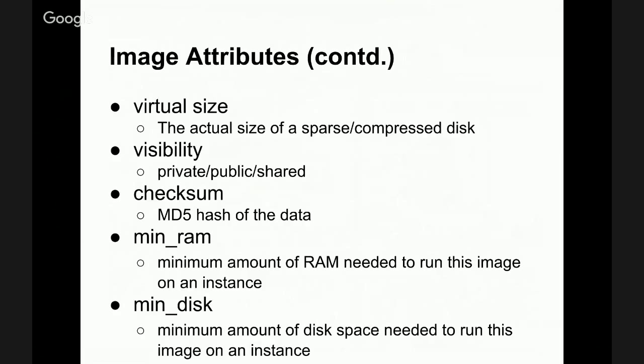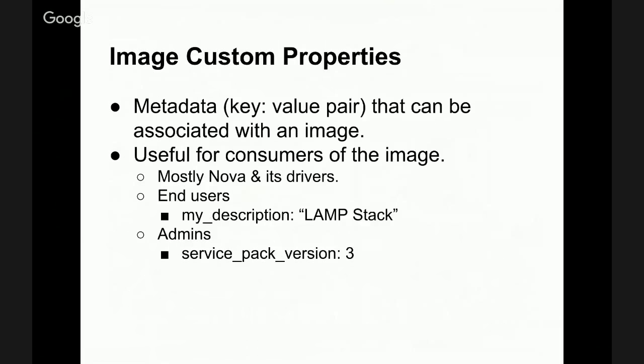And then you have some of the privacy features of an image, which is controlled by the visibility attribute. And you have checksum, which is the MD5 hash of the image data to maintain the integrity of the data. And there are other properties that mention the minimum RAM and the minimum disk that is required to run that specific image. So why did we take a look at the image properties? We'll come back to that in a little bit.